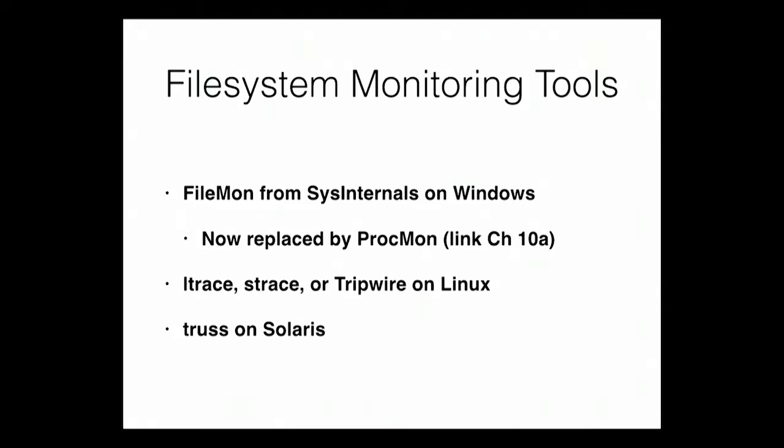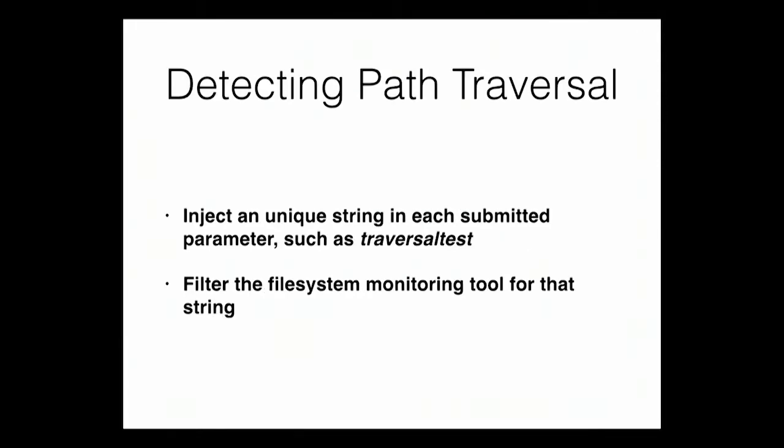On Linux, you got ltrace, strace, and the one we used in the projects here was Tripwire, all of which do essentially the same thing. They give you an ability to watch and see what's happening. In Solaris, if anybody's using that, there's something called Truss. There are tools available if you use them, to monitor what is happening to your file system and give you some ability to warn.